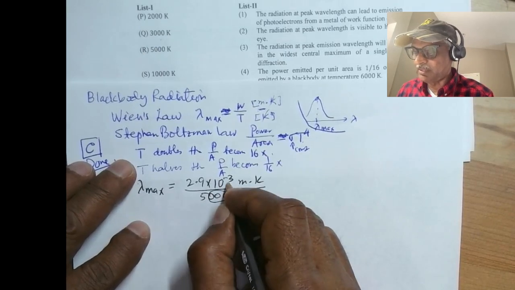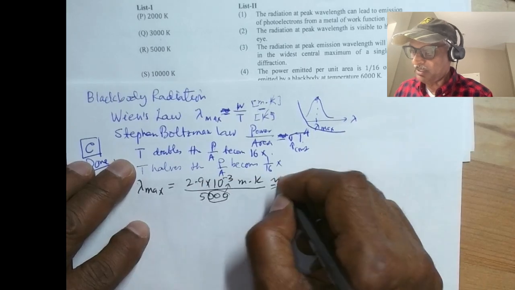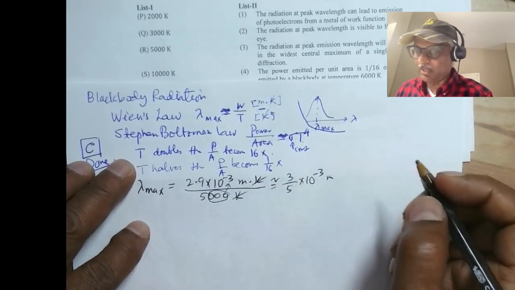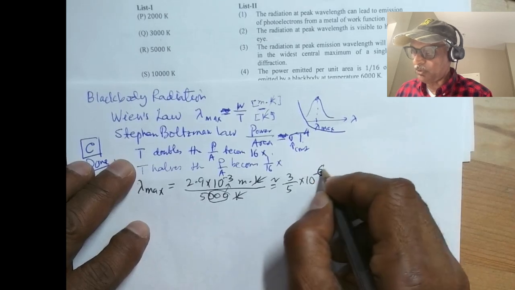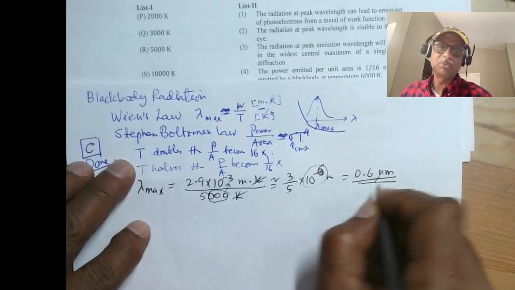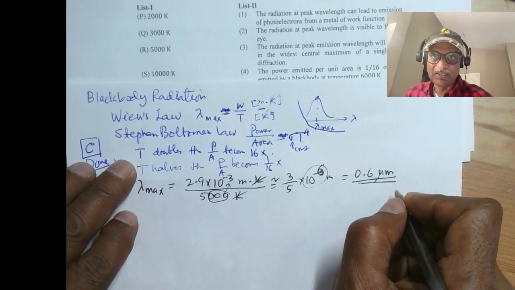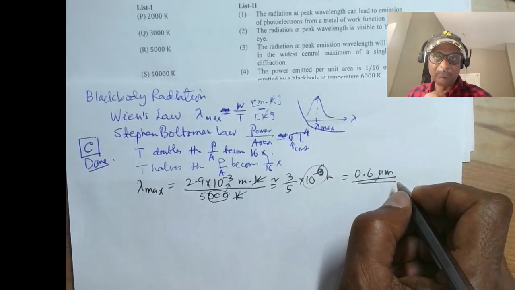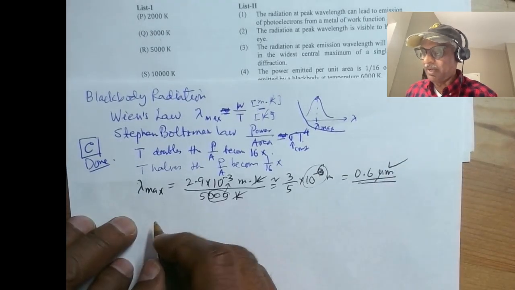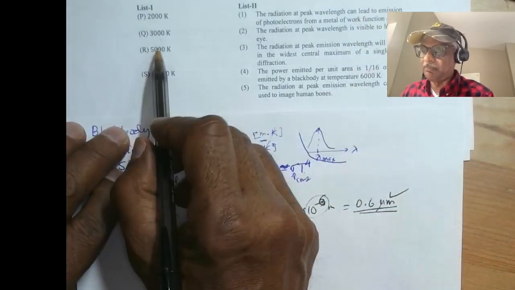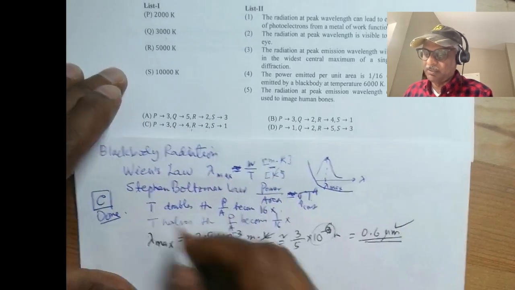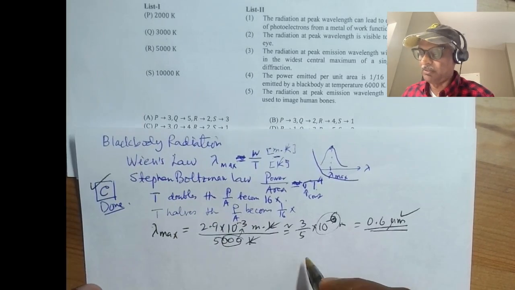So this makes it 3 over 5 times 10 to the minus 3 meter, which is 0.6 micrometer. You have to know this is visible, yellow-red. This checks out with R going to 2, and C was the right answer. It just checked out.